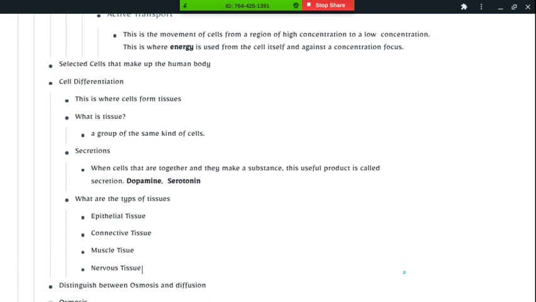We learned nerve, not nervous, but okay. I agree to disagree, because in my notes I have it as nervous tissue, but you can just say nerve tissue.